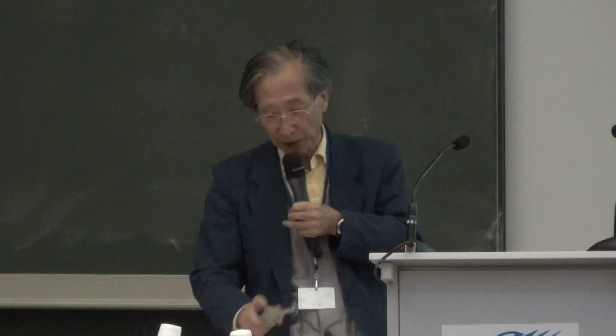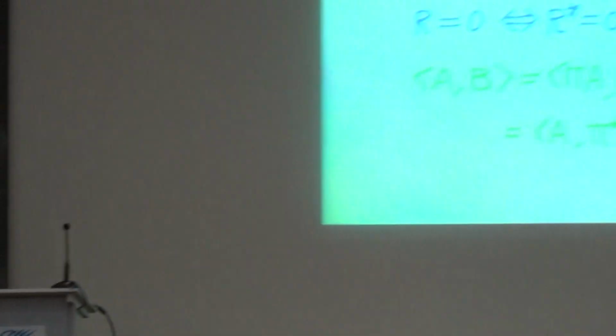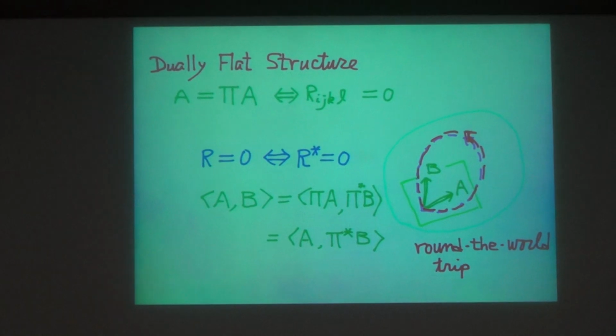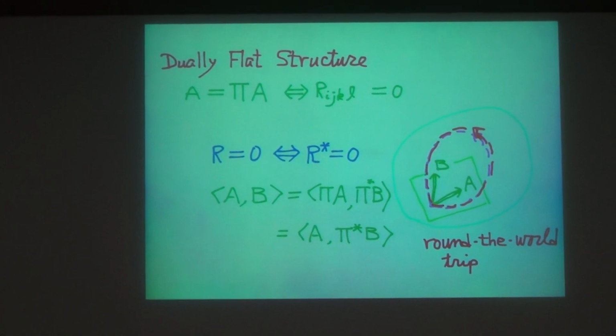So now we come to the dually flat structure. The manifold with dual connections, of course, is not necessarily flat. What is flat?